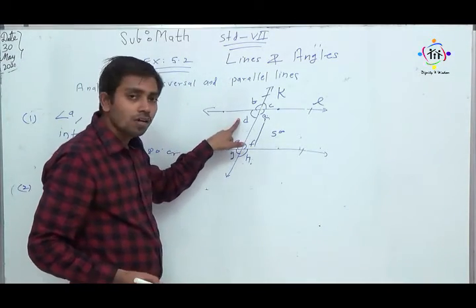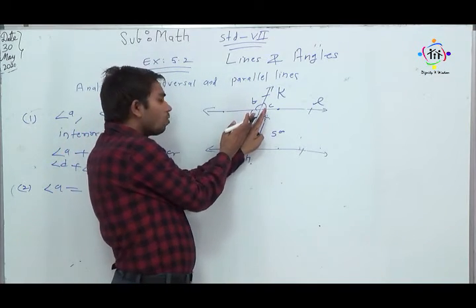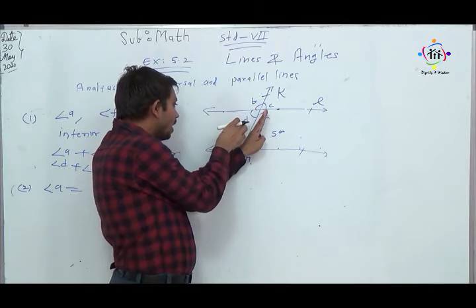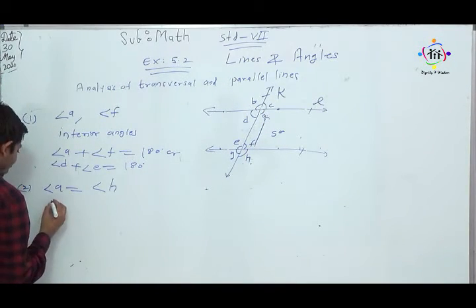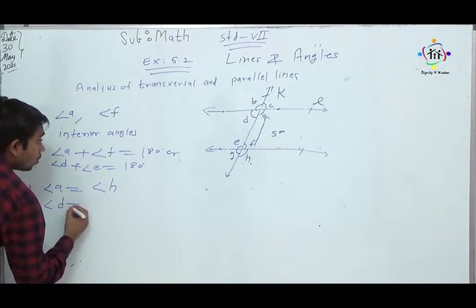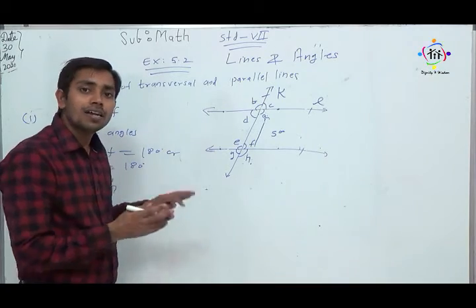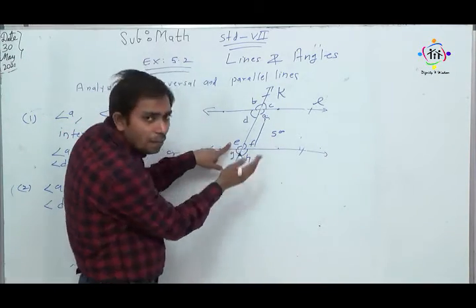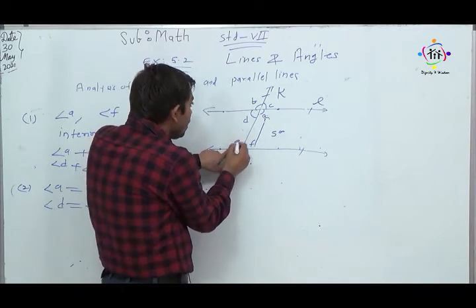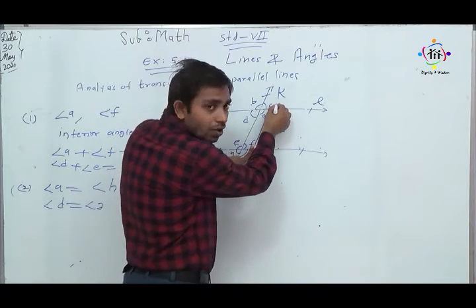Similarly here, on the left side with respect to this transversal, angle D will be equal to angle G. These are the corresponding angles. In another way, if we take from the downside, angle E and angle B will be corresponding, and angle F and angle C will be corresponding.